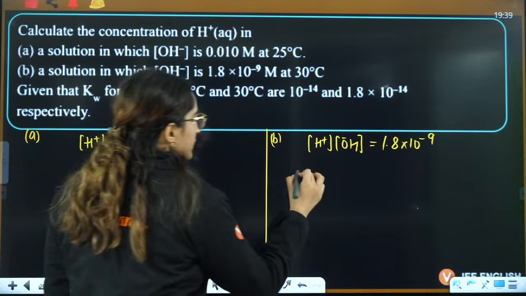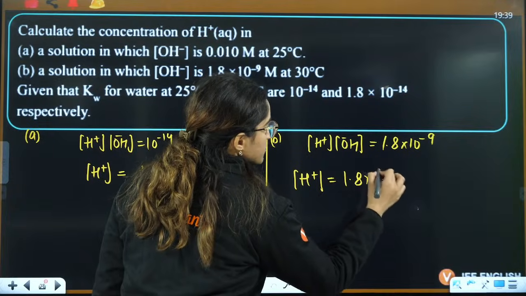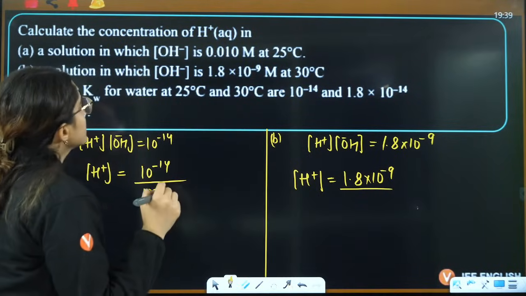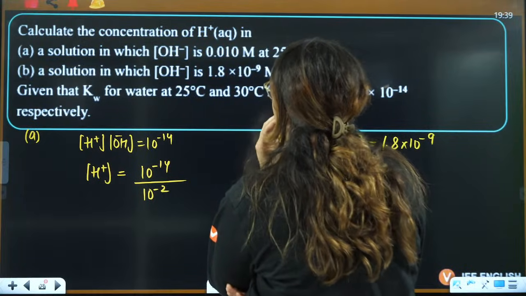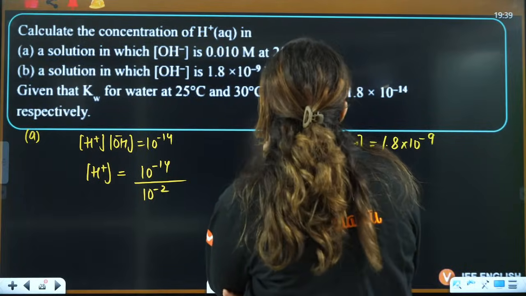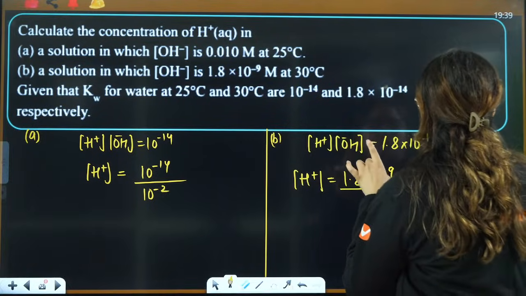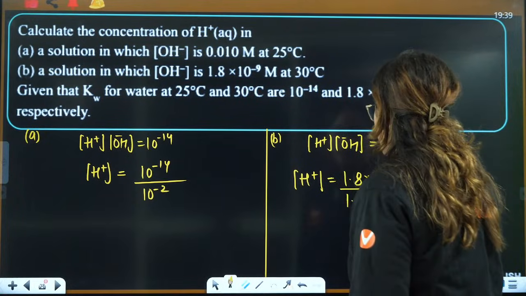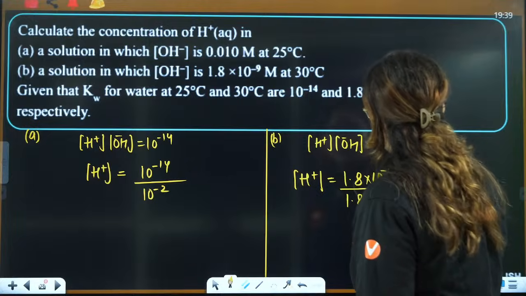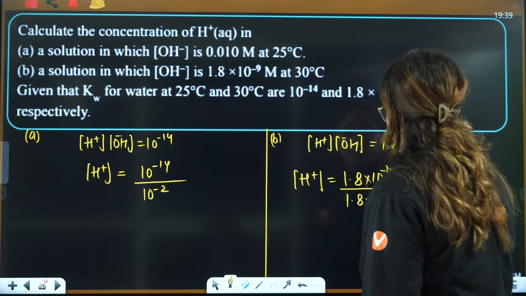Okay, here it is 1.8 into 10 raised to power minus 9. Wait a minute, Kw is given to be 14. Sorry, this was given to be 1 into 10 raised to power minus 14. This is 1.8 into 10 raised to power minus 9. This is 14 and this is 9.